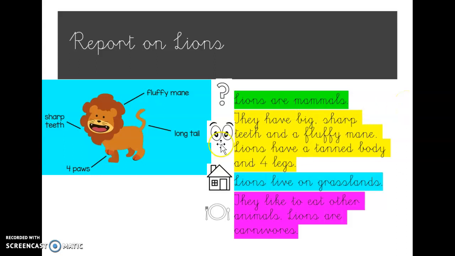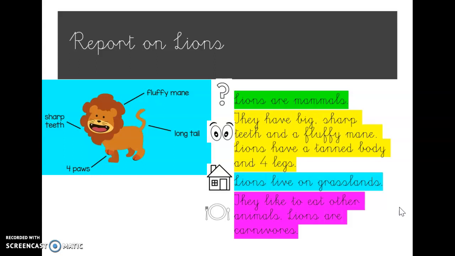The next one, what does it look like? They have big, sharp teeth and a fluffy mane. Lions have a tanned body and 4 legs. And again, I've used my adjectives to describe what the lion looks like. The picture of the house, or the habitat, the lion's habitat. Lions live on grasslands.